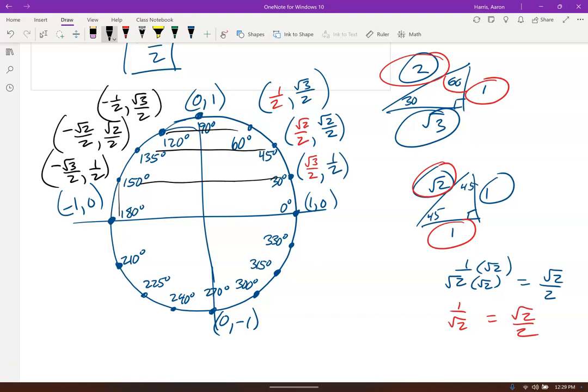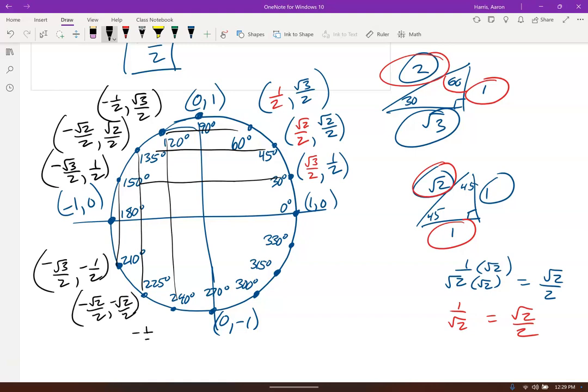And then these will correlate. I like to have them correlate right there. So I got negative root 3 over 2, negative a half, negative root 2 over 2, negative root 2 over 2, negative a half, negative root 3 over 2. And then you could go here, or you could bring them over from quadrant 3, whichever you prefer there.